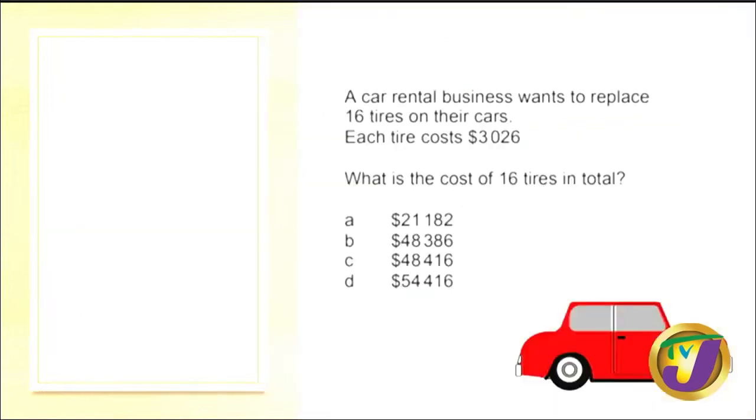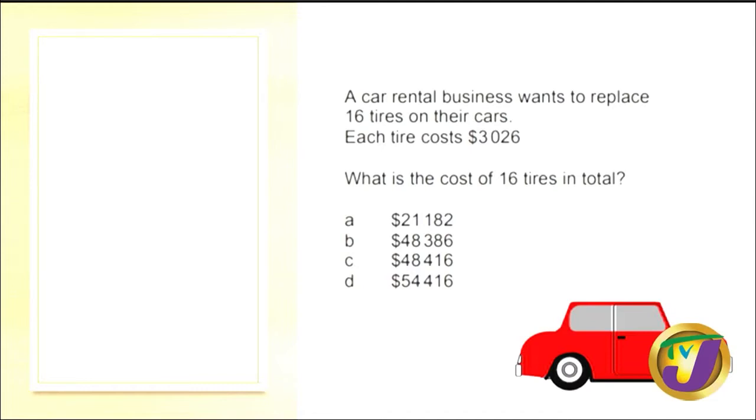So our first question today: a car rental business wants to replace 16 tires on their cars. Each tire costs $3,026. What is the cost of 16 tires in total? As you can see from this problem, we have all whole numbers, and we are going to carry out an operation to figure out the correct response.